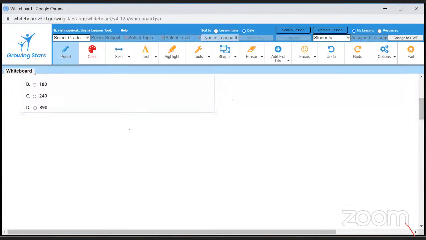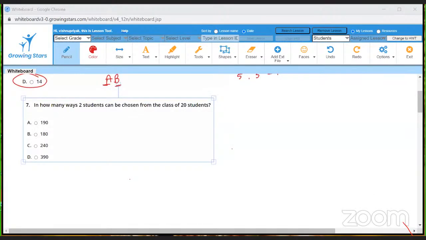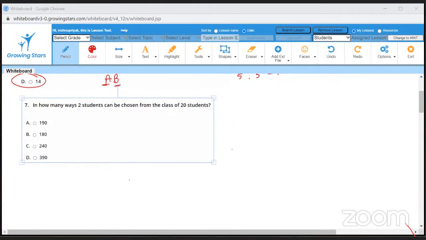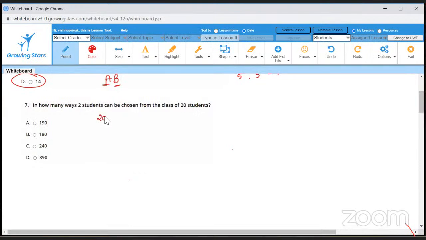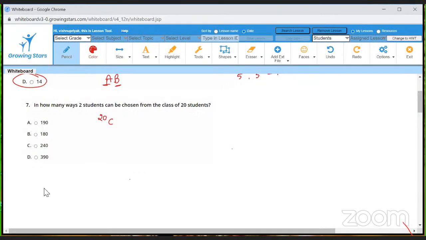In how many ways can 2 students be chosen from a class of 20 students? This is a very simple answer. From 20 students, you have to select 2 students. But now I will tell you one shortcut method.